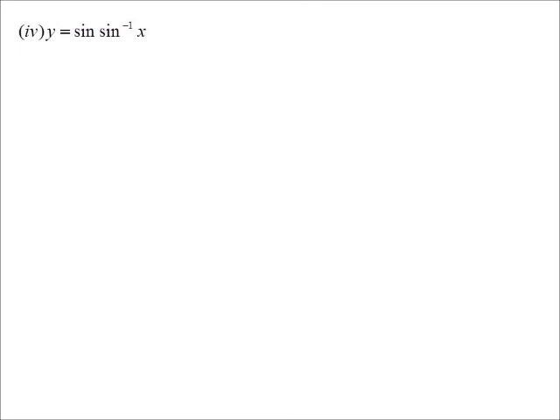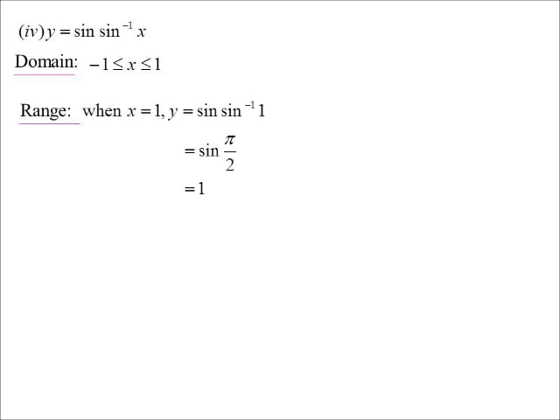So if you had to find the sine of the inverse sine of x, well normally my domain for the sine curve is all real x. However, there's a restriction because I'm substituting into the inverse sine of x. So it will take on the domain of inverse sine x. Well, I've now restricted the domain, so what's going to happen to my range? If I substitute x equals 1 in, I end up with 1.